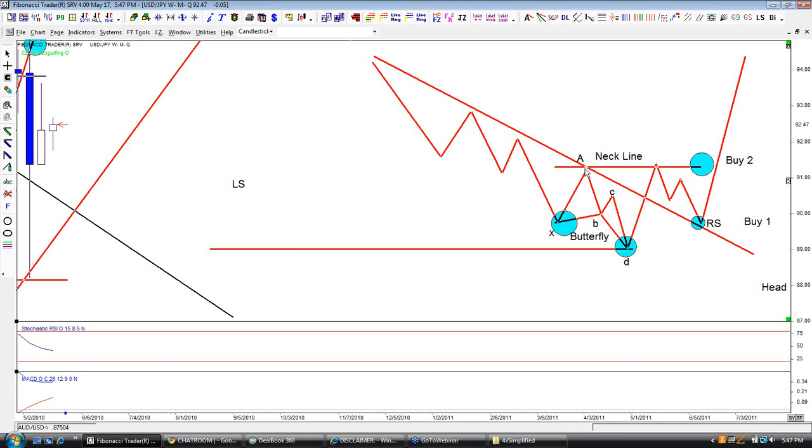So price will take the A, and once price takes the A and starts moving lower, we now can actually recognize that price formed the D for the butterfly at the head level, and we recognize that the left shoulder is the X, and maybe we can form a right shoulder at that same level here.